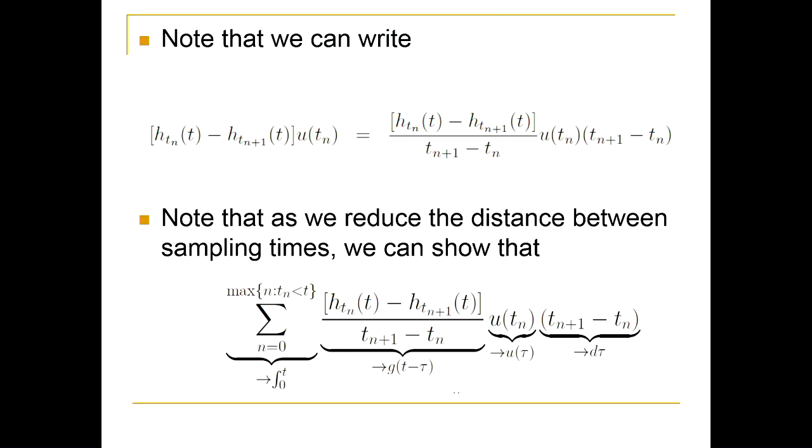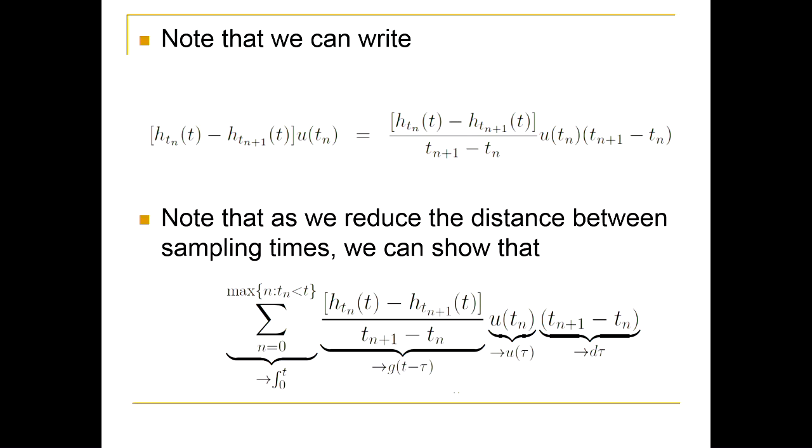What is the function on top? That's the step response, right? So if I let Tn plus 1 minus Tn go closer and closer together, I actually get the derivative of the step response. But what is the derivative of the step function? You can show it is actually the response to the impulse, right?